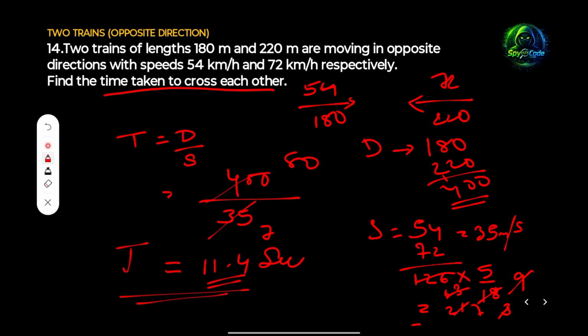So the time taken for crossing each other is 11.4 seconds.